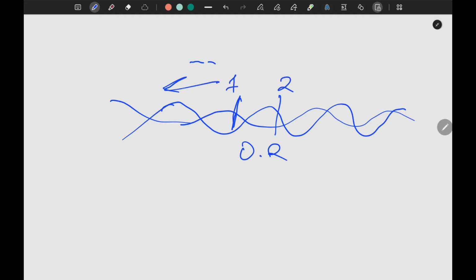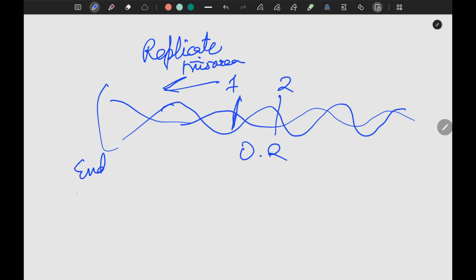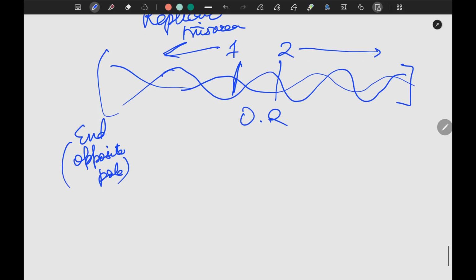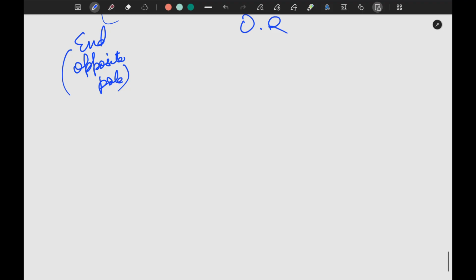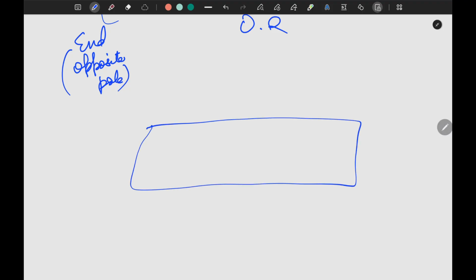This will move to this side and replicate this area toward the end, the opposite pole, and this will do the same toward this end. Furthermore, while the cell division is happening, the cell also elongates. It stretches so that DNA can be replicated further.